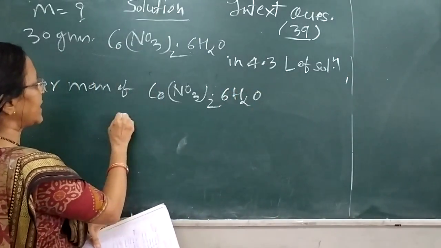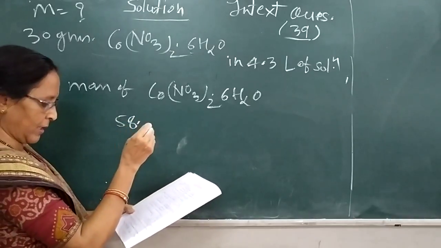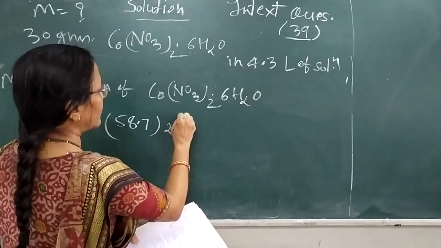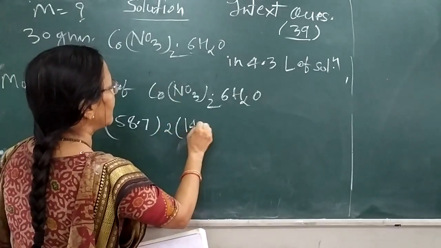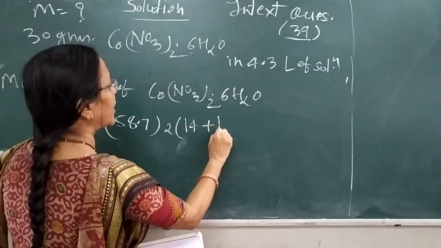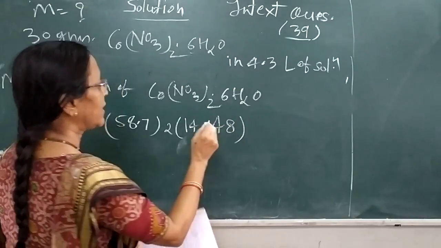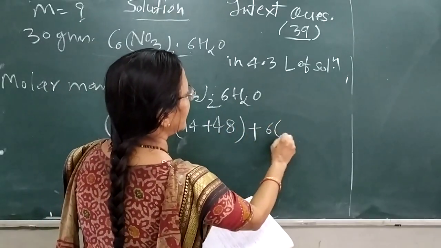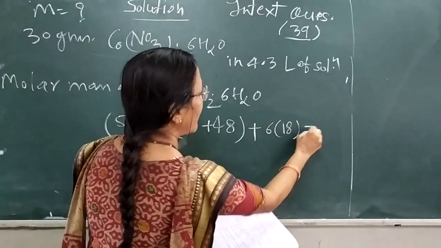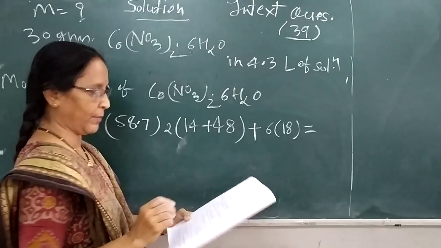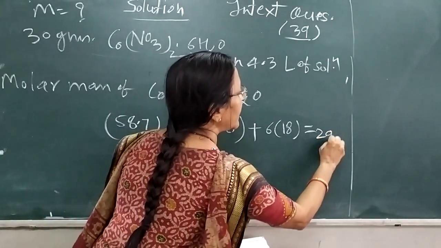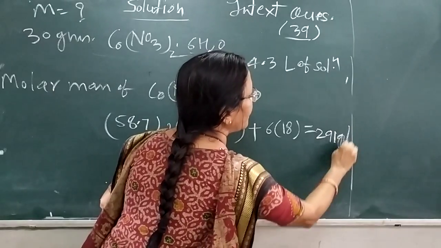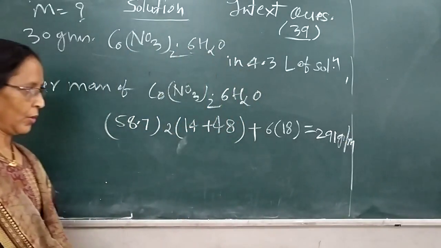For cobalt it is 58.7, NO3 twice, 2 I will add for nitrogen 14, 16 threes are 48, plus 6H2O, it means 6 into 18. When you calculate, the answer is coming 291 gram per mole.